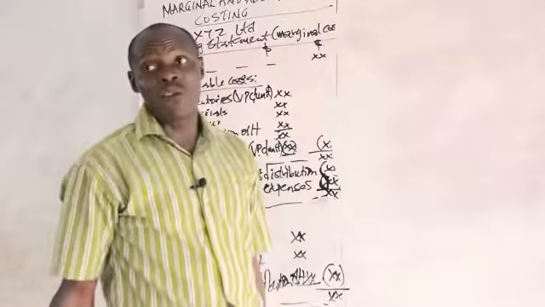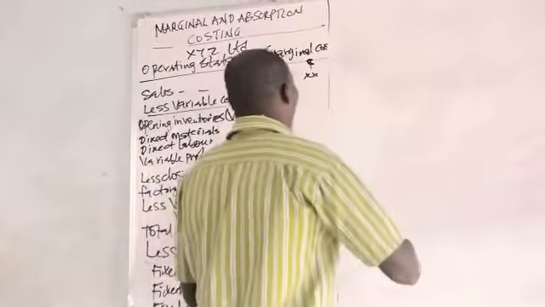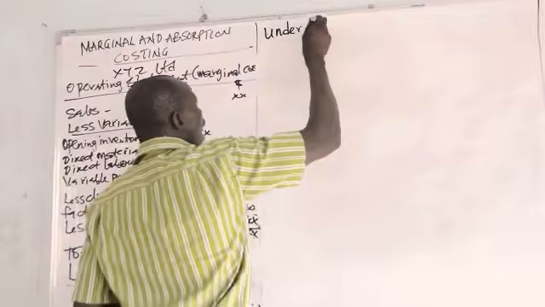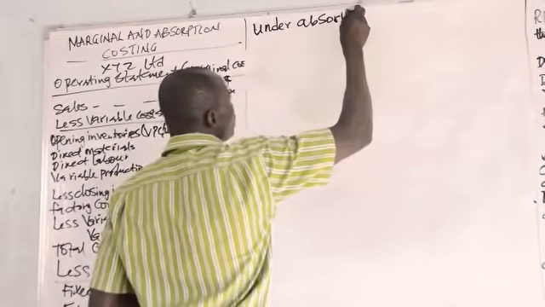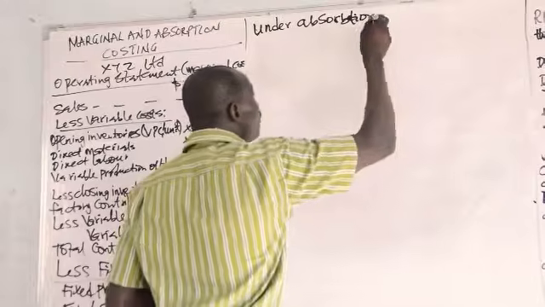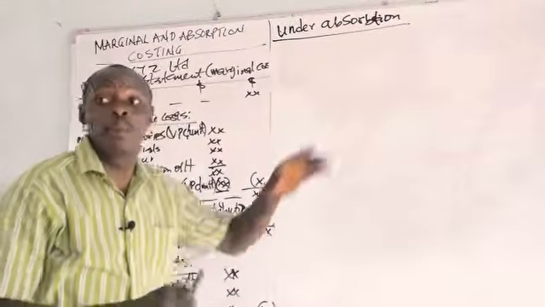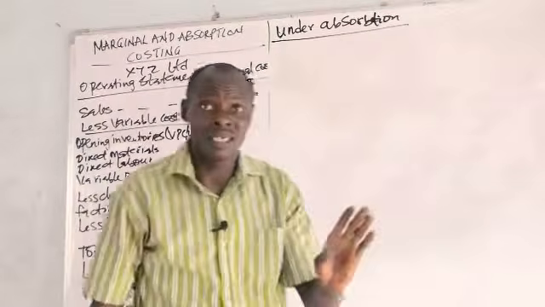I've told you earlier that overheads are indirect costs. Under absorption of fixed production overheads. My emphasis, the one you want to absorb is the production one. Not all the fixed overheads will be absorbed.